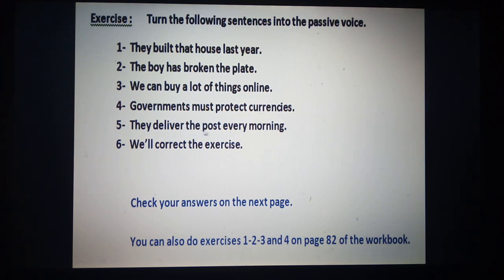They deliver the post every morning. So you've got here different tenses, and a modal. Turn them into the passive voice, then check your answers on the next page. You can also do exercises 1, 2, 3, and 4 on page 82 in the workbook.